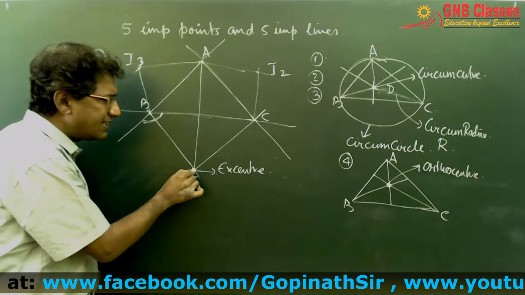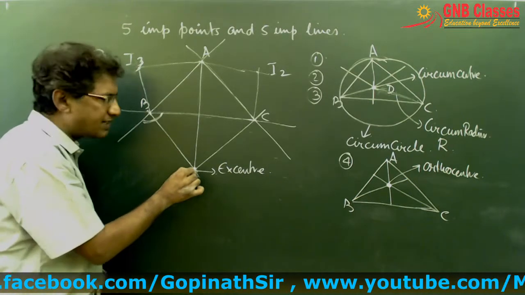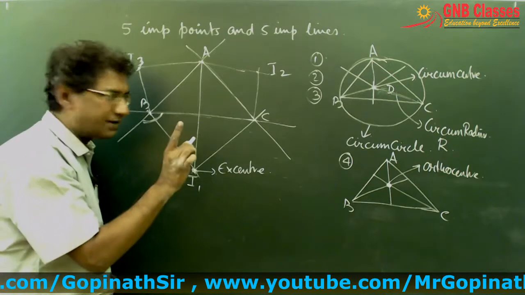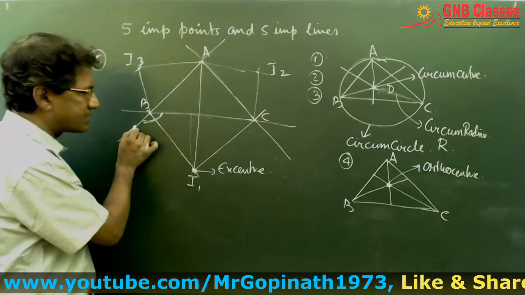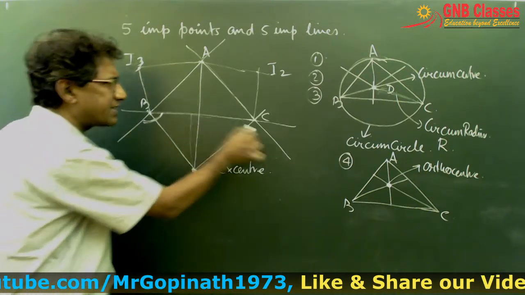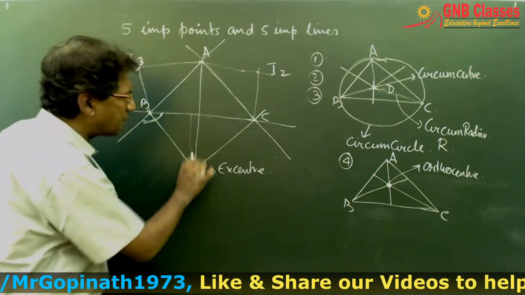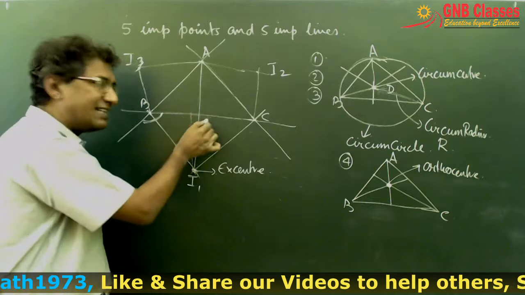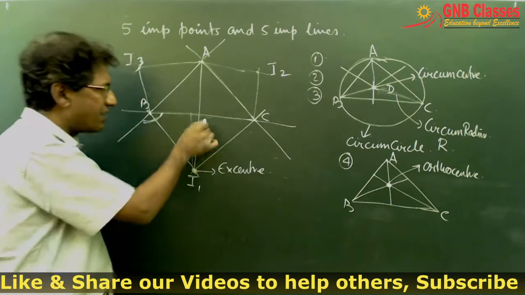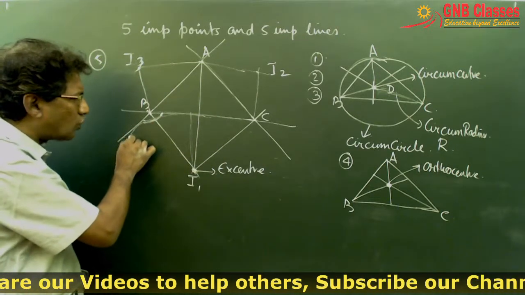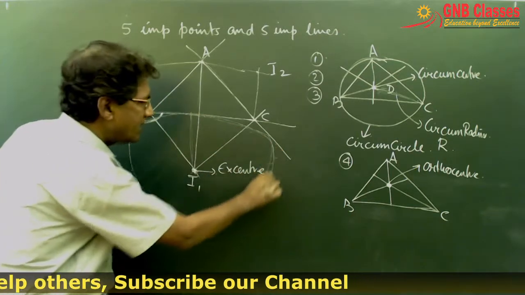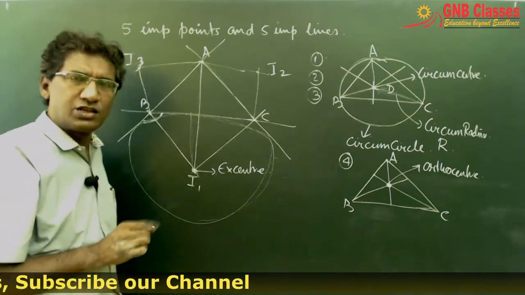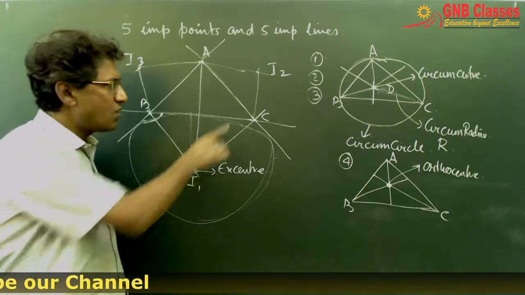Now, taking the excenter I1 as center, and the perpendicular distance from any of these three sides as radius, if I draw a circle, it is going to touch all the sides of this triangle.